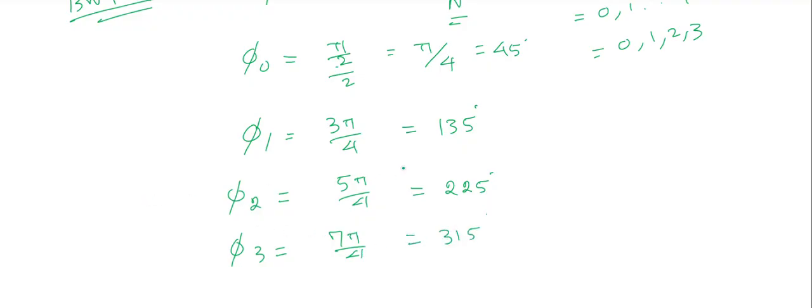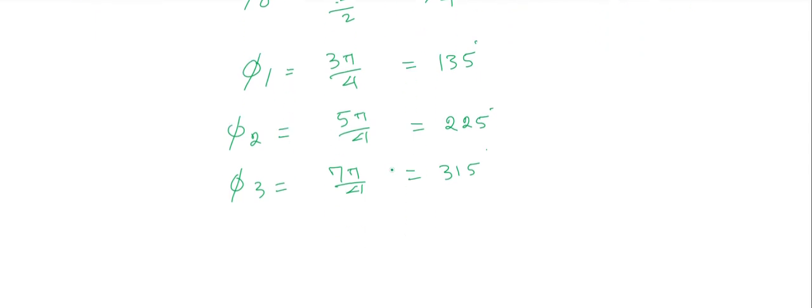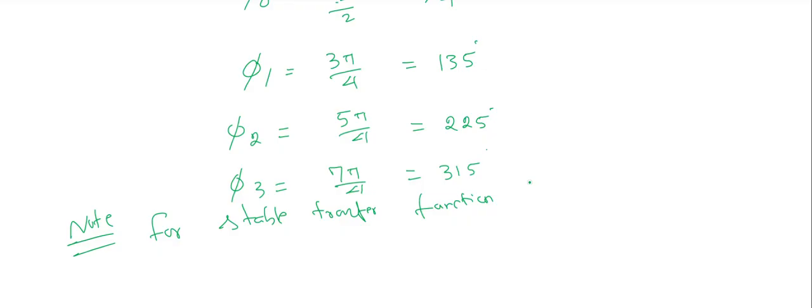For a stable transfer function, we consider only the angles between 90 degree and 270 degree. Between 90 and 270, these two poles, pi 1 and pi 2.